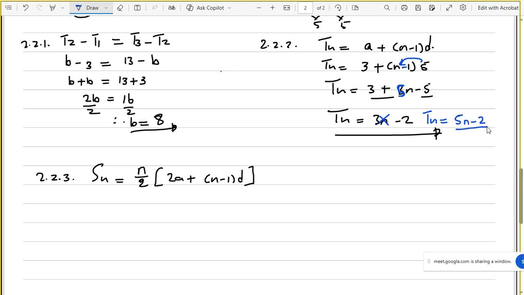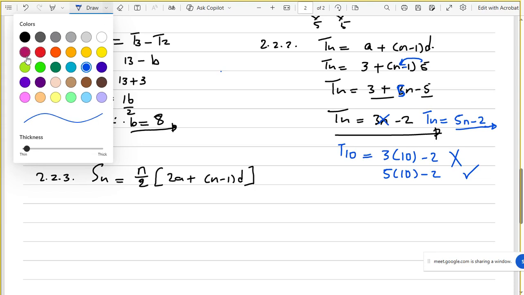It's Emiche. Yes, Emiche, thank you very much. This is one of the common mistakes that you can make in an exam, because now, let's say the next question, they want you to find T10. If you say 3 into 10 minus 2, that is wrong. It should be 5 into 10 minus 2. This will be right. Thank you very much for that.